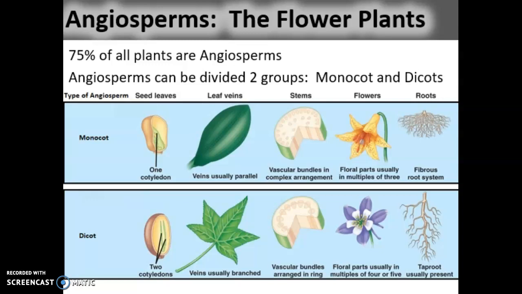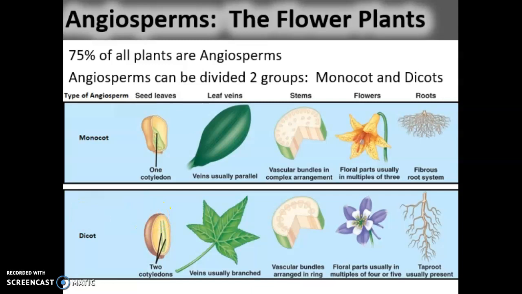So that first leaf that emerged from the seed. So in monocots, when this seed germinates, one little leaf will come poking out. In the dicot, di refers to two, and that's because you have two cotyledons, two of these embryonic seed leaves. So when this seed germinates, you're going to have two little leaves coming out of that seed.